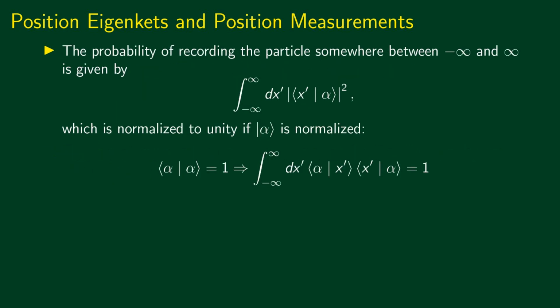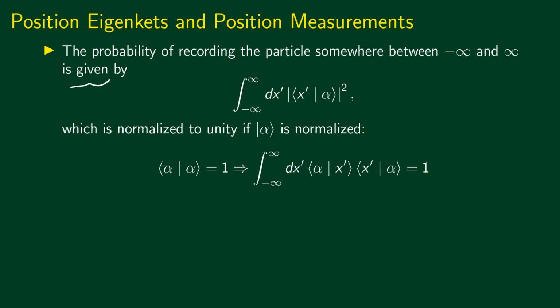Now if you want to find the probability of recording the particle somewhere between minus infinity and infinity, somewhere in space, you just integrate this from minus infinity up to plus infinity. So you can calculate the probability for finding the particle within any interval.